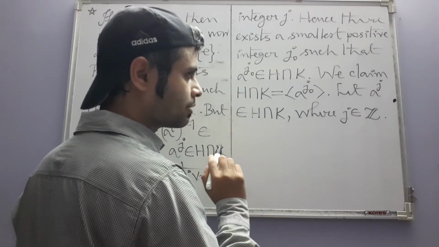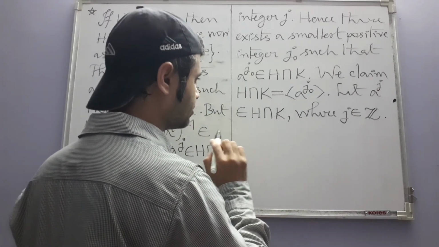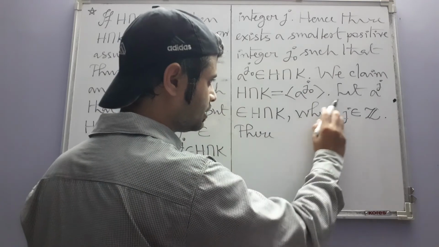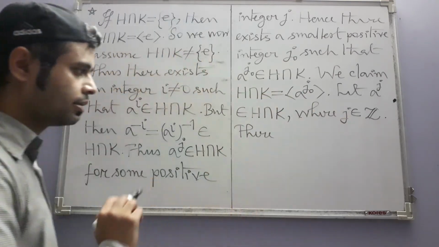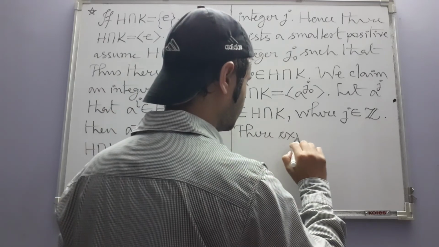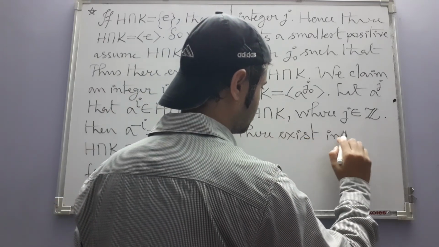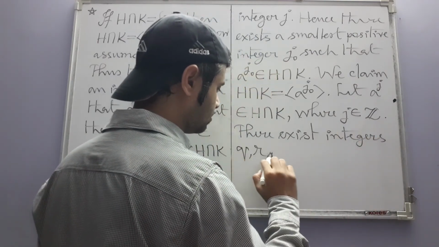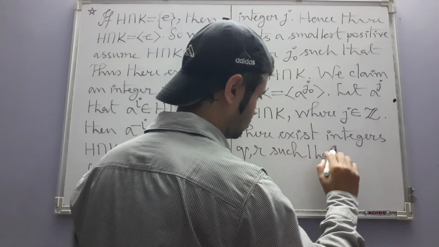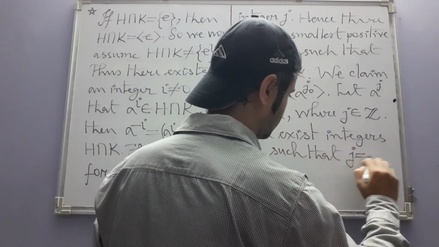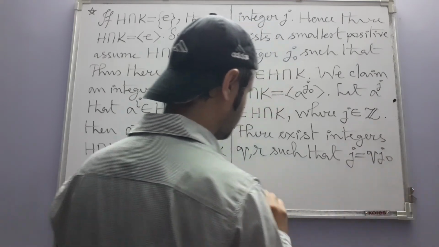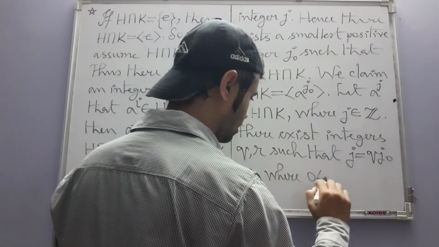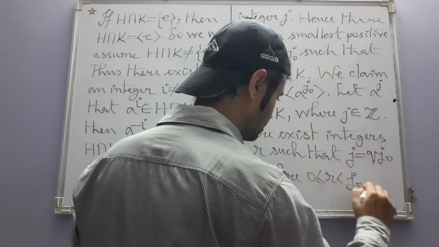By the division algorithm, or some people call it the Euclidean algorithm also, we can divide this integer j by j naught to get a quotient and a remainder. So by that result, there exist integers q and r such that j is equal to q j naught plus r, where the remainder r is non-negative and strictly less than j naught.